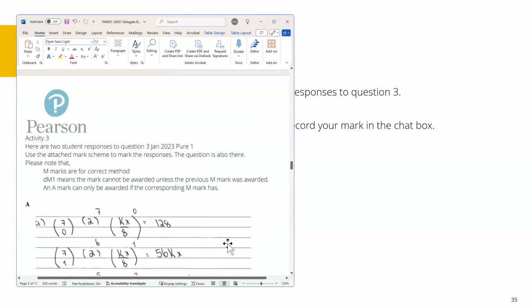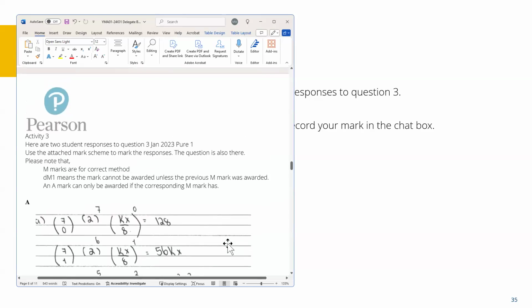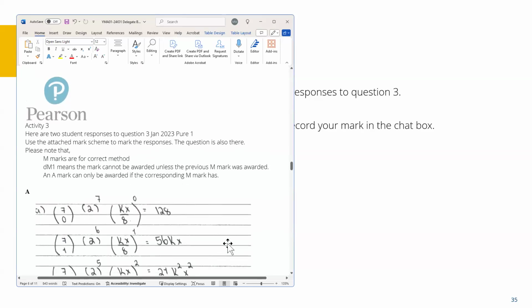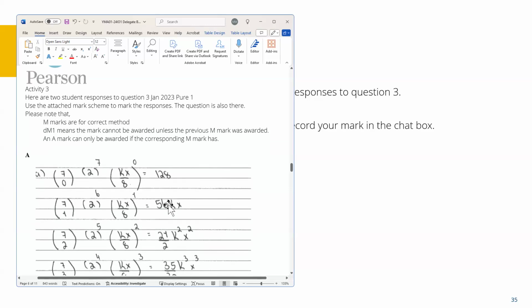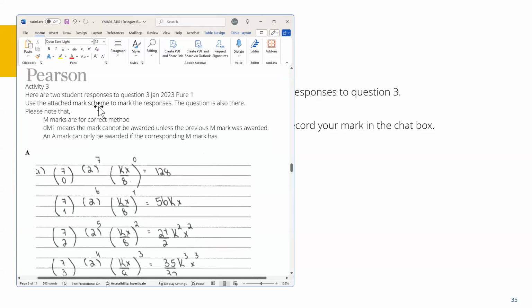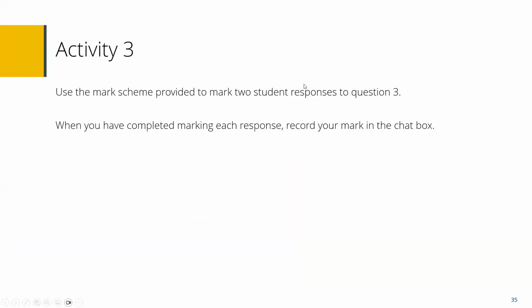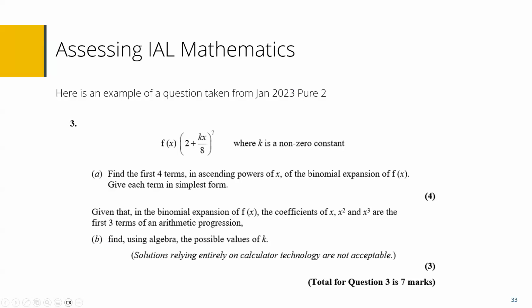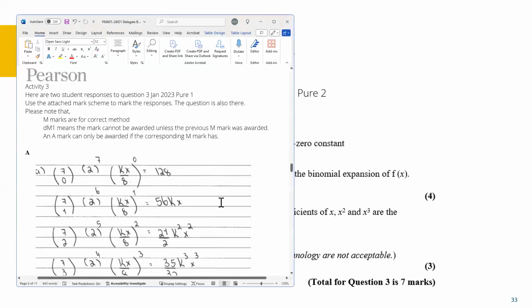If we scroll down, here are the two student responses to question 3. Use the attached mark scheme. So if I put the question 3 back on here, there's your question 3. I would recommend, if you haven't done that question before, perhaps answer it first.